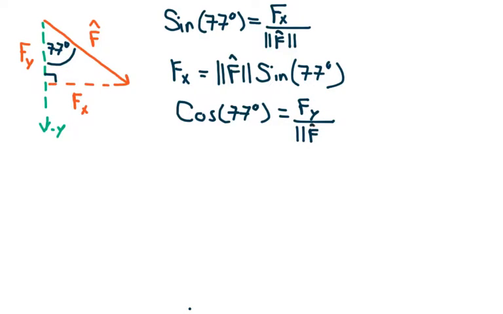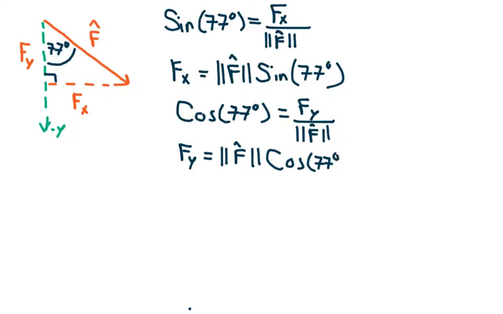So F magnitude. Okay, just hitting this with an algebra stick and rearranging, we solve for Fy, and we find that Fy is equal to the magnitude F times cosine of 77 degrees.